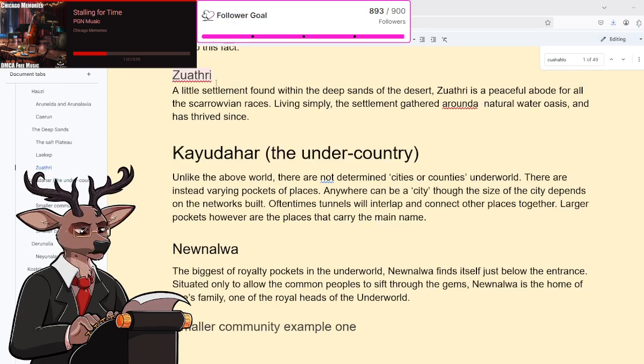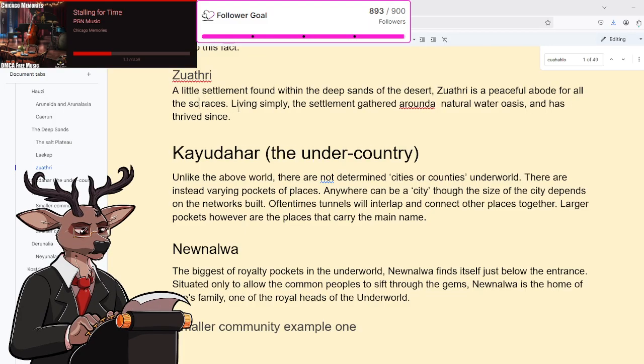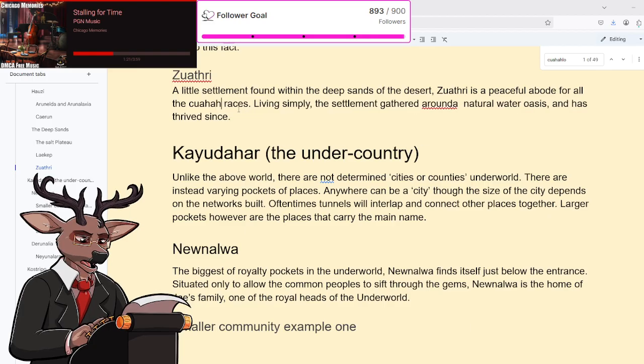Oh no, it is there. Yeah, there's Zoafli. Little settlement found in the deep silence of the desert. Zoafli is a peaceful abode for all the Scarovian. Old. Cool, Harlan.